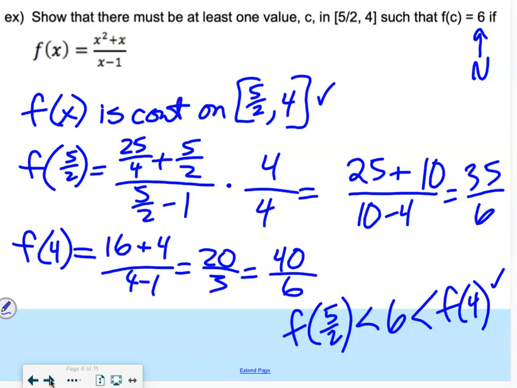However, if you did on your paper write f of 5 halves equals this, and then you wrote this number, it'd be fine because you already have equated them. So I would accept it. Yes, Susan? No, I don't care. I did it so that you could see that 6 was in between them easily, but that's up to you. All right. Good questions.